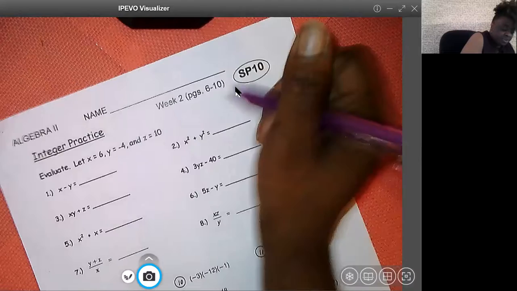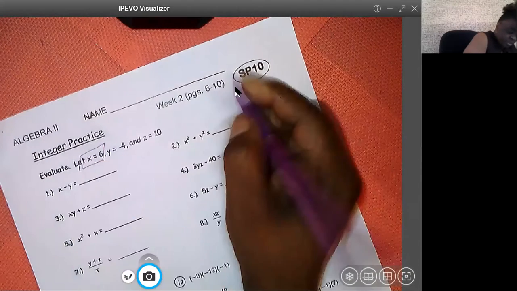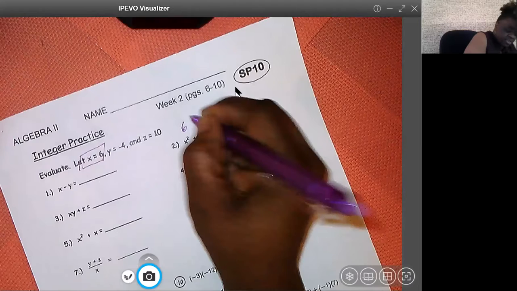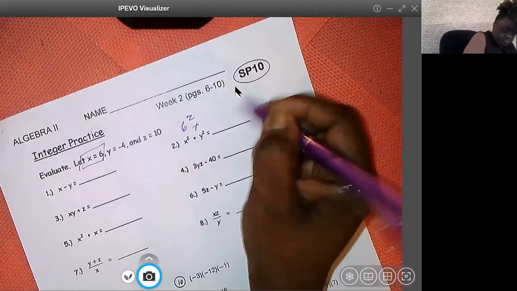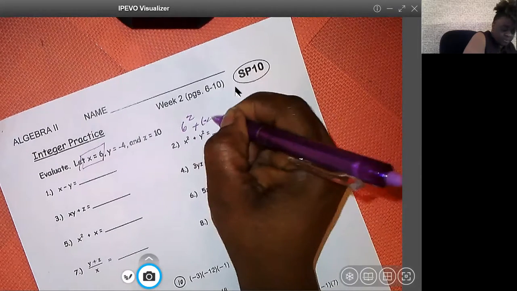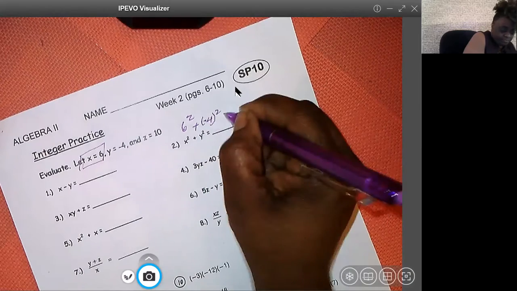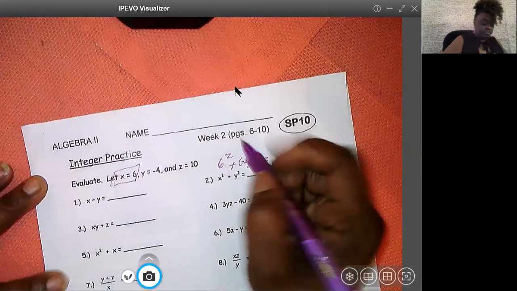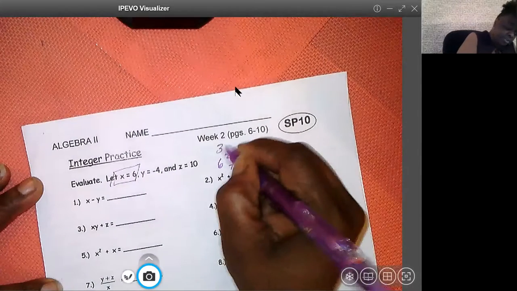We have x squared. X represents 6 plus y squared. Y represents negative 4. I'm sorry, 6 squared gives us 36.